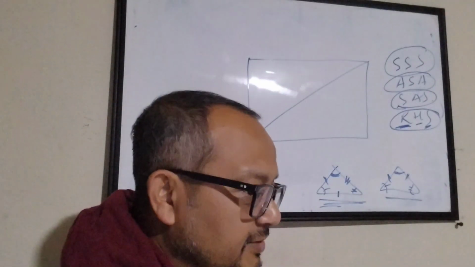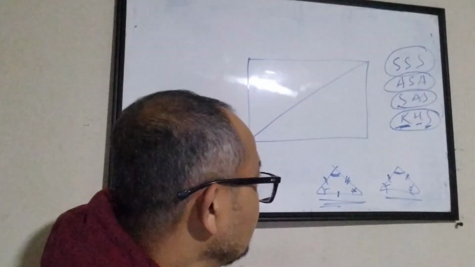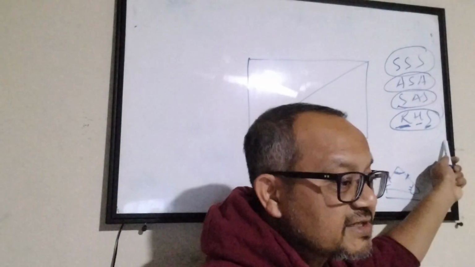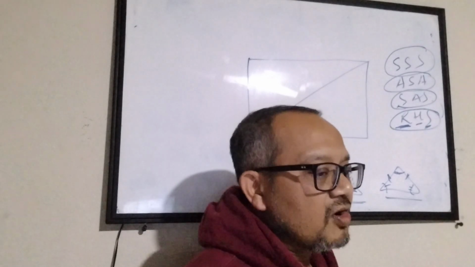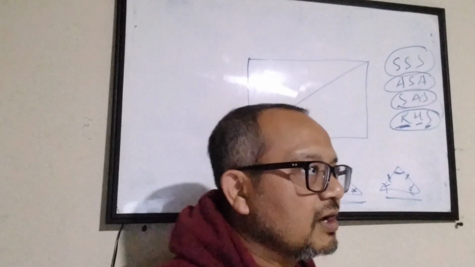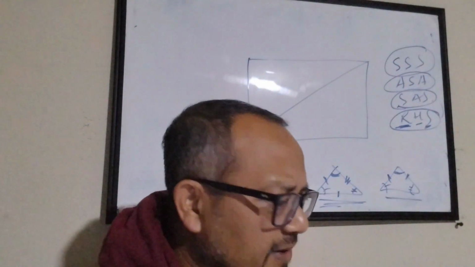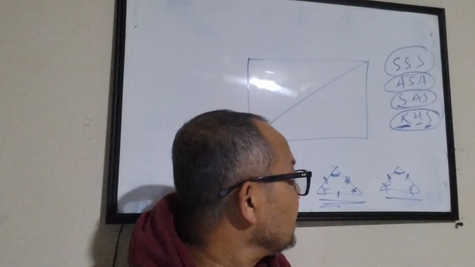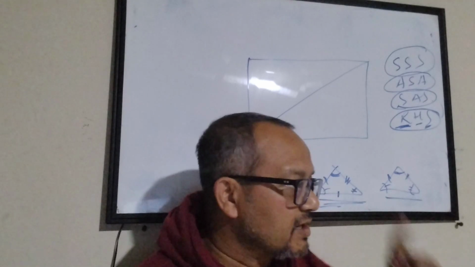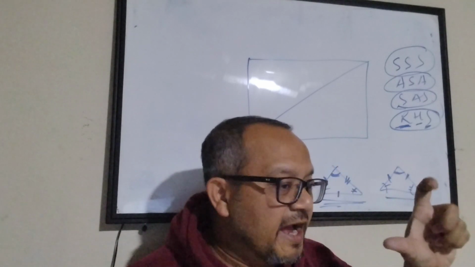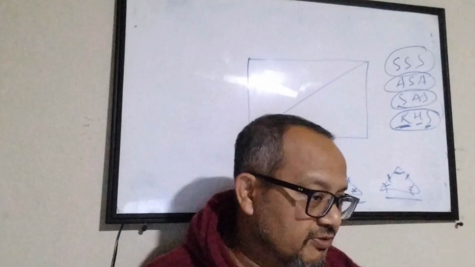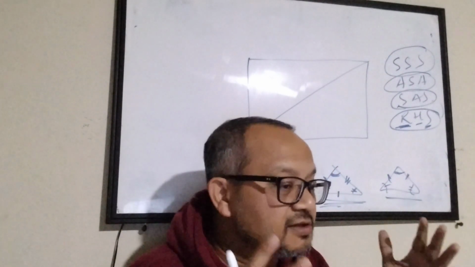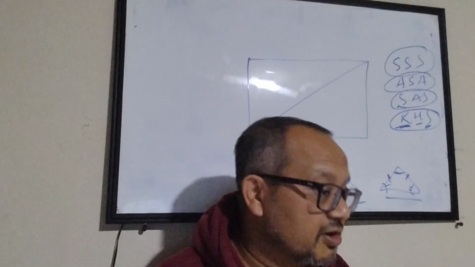Isn't it HL, hypotenuse leg? Yeah, H is hypotenuse and S is side. Oh, we write HL. That's fine, it's the same thing. What it essentially says is, if you have two right angle triangles, the hypotenuse is the same and any one of the other two sides is matching, then those two right angle triangles are congruent.